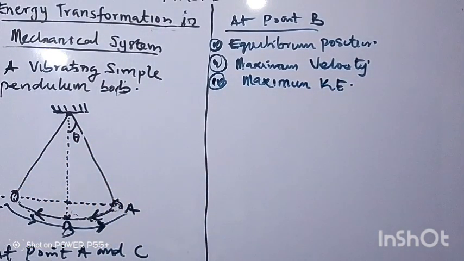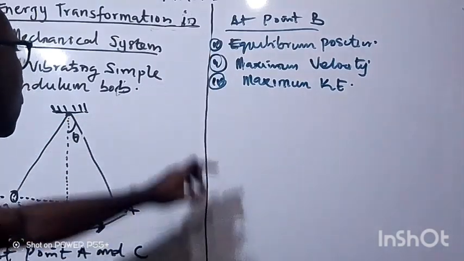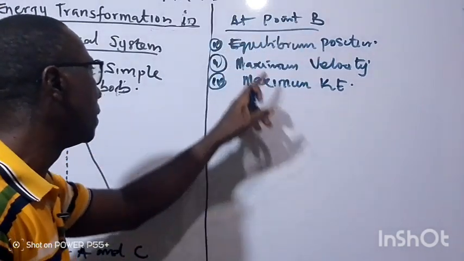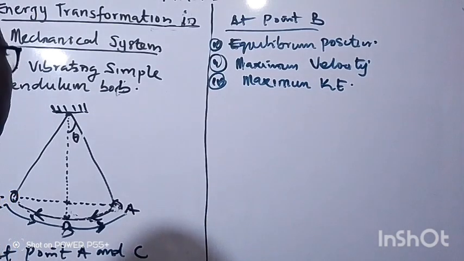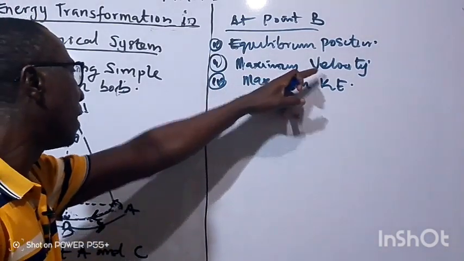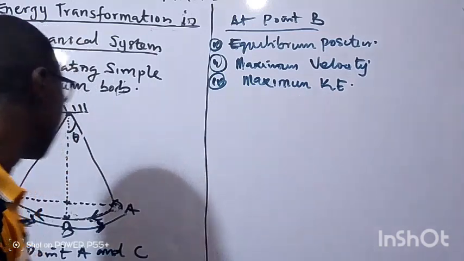Don't forget, these are the 3 points that we need to know. Under this point B, the pendulum will be at equilibrium position, has maximum velocity and has maximum kinetic energy.